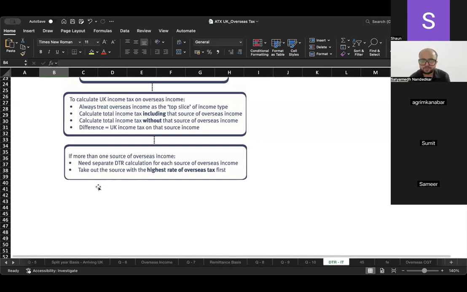Sir, just one question. While we are calculating tax including the overseas income, that will come after the dividend income, right? So we tax non-savings, savings, dividend, and in the end, overseas. Yes, because the overseas income is taxed as the top slice. Okay, sir, got it.